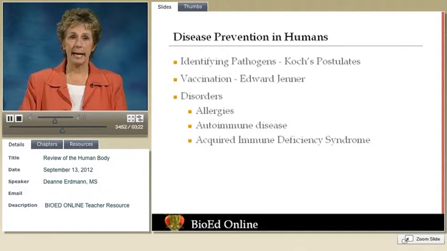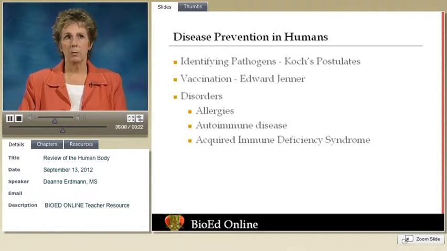And then of course AIDS, the acquired immune deficiency syndrome, which targets our helper T cells within our immune system, and so it's attacking the very thing that is able to defend you. So a person who succumbs to the AIDS disease really will end up dying from some other kind of pathogen. It's just because their own immune system has shut down.